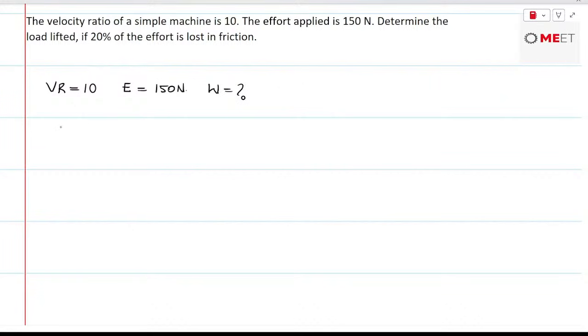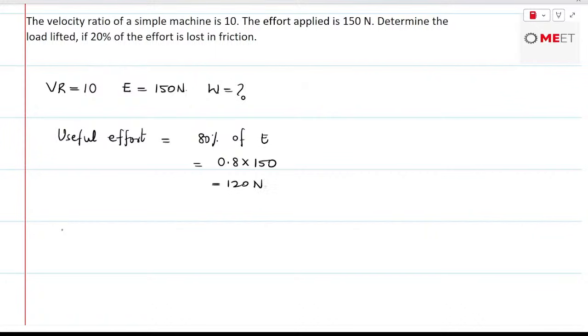So useful effort: the percentage of effort that is lost is 20%, so we have only 80% of E. That is 0.8 times 150, which is 120 newtons.